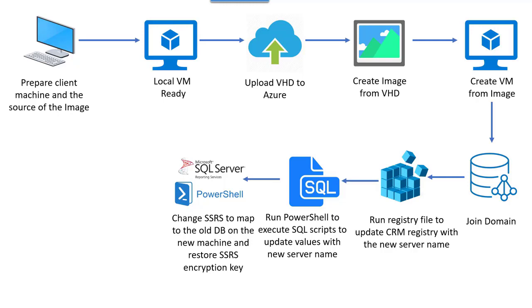To fix this problem, we will need to remap the SQL Server Reporting Service with the existing database using the new machine, and also restore the encryption key of the SQL Server Reporting Service using PowerShell. And I prepared a script doing that.